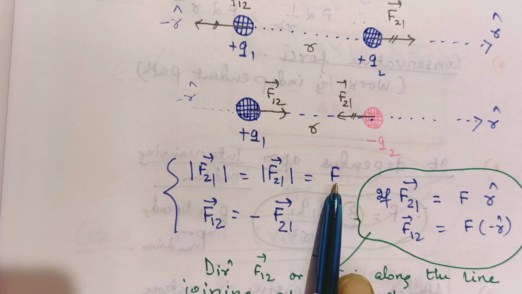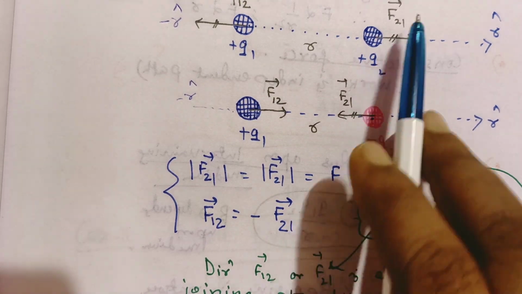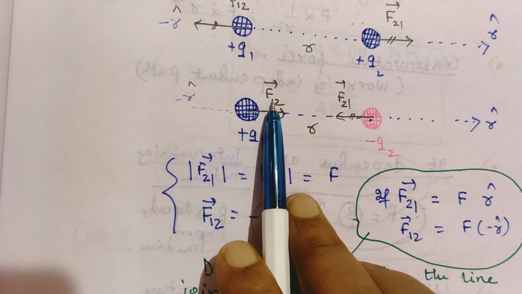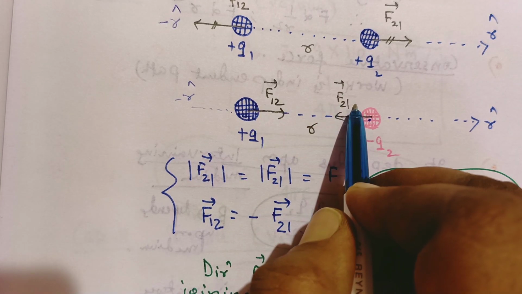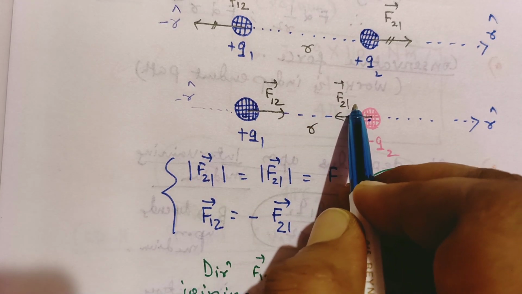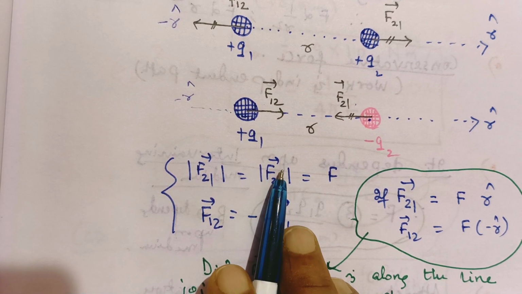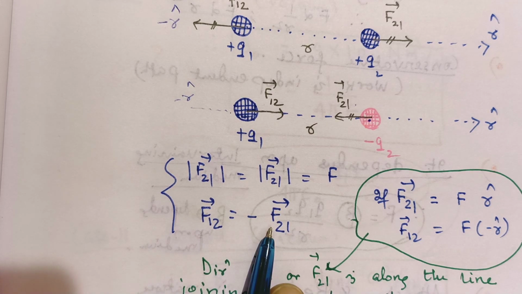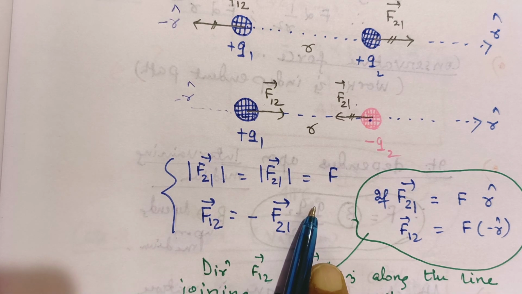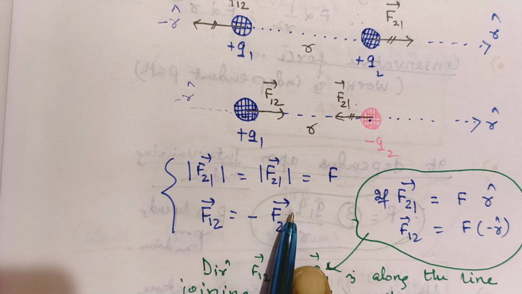Say that magnitude is F. But you observe that the directions of these two forces are always opposite to each other. That means these two forces are of the same magnitude and opposite direction. That means they are negative vectors. So I have written here, if one force is directed towards r cap, then the other force is directed towards minus r cap.